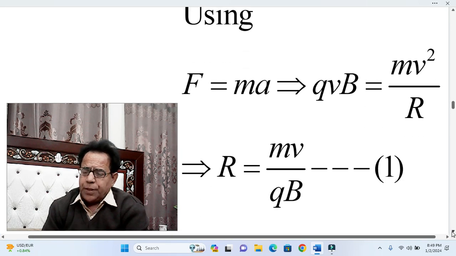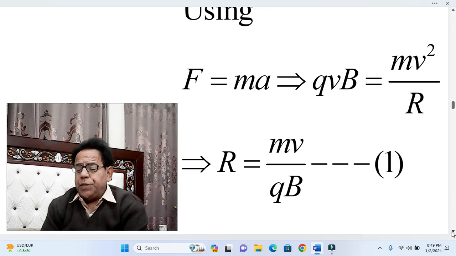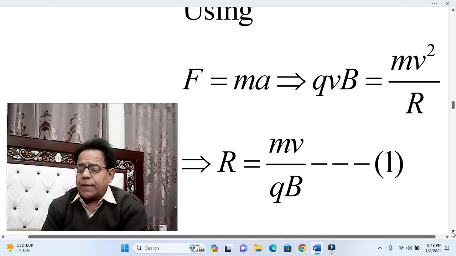According to this, qvB equal to mv square over r. Here one v will be cancelled with v. Dividing both sides by v, we get capital R equal to mv over qB.